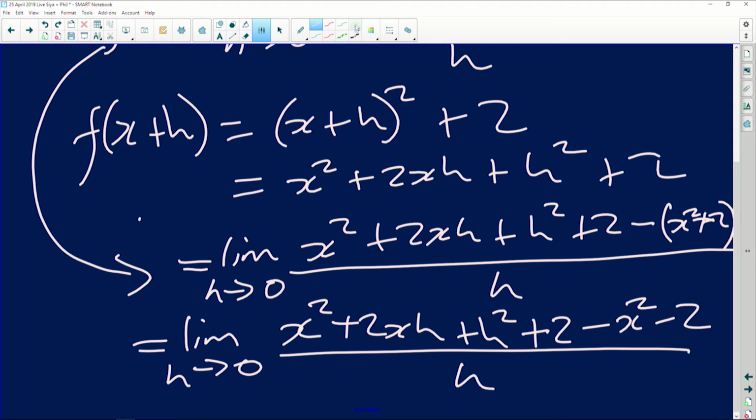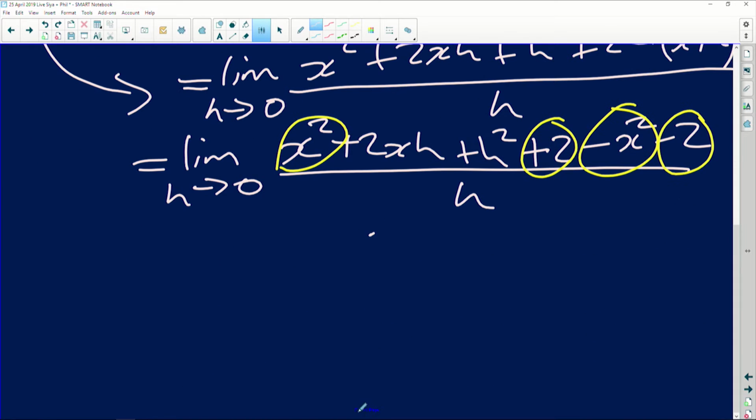Looking at like terms here, this and that are like terms, also that and that are like terms. So they're going to be 0 because there's a minus there. So what I have here is going to be equal to, remember to always include your limit, the limit of h approaching 0, that and that is 0, plus 2 minus 2 is also 0.